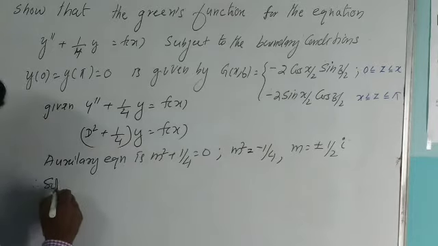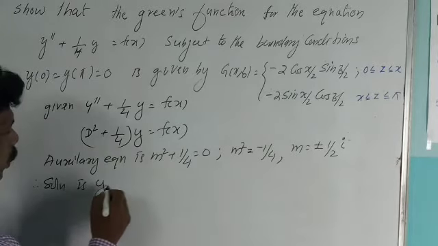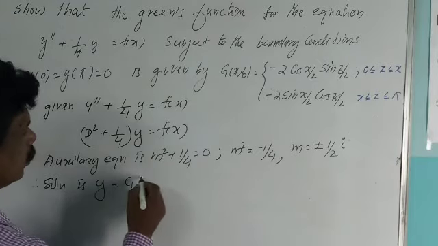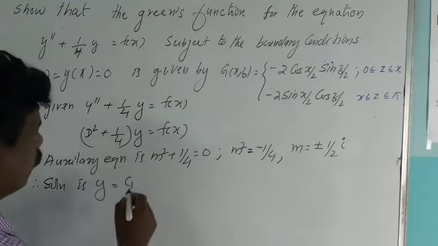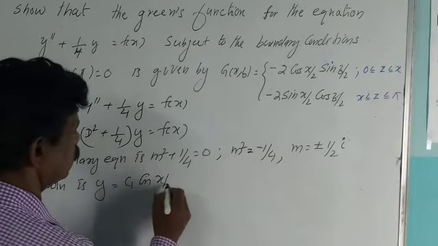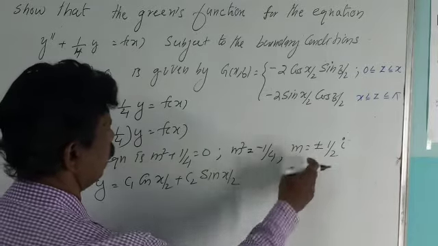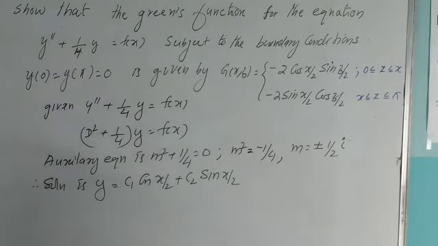Therefore, the solution is y equal to c1 cos x by 2 plus c2 sin x by 2. Here m equal to plus or minus 1 by 2i.